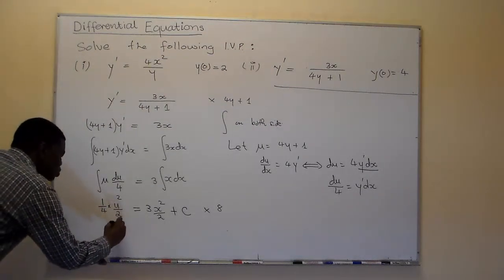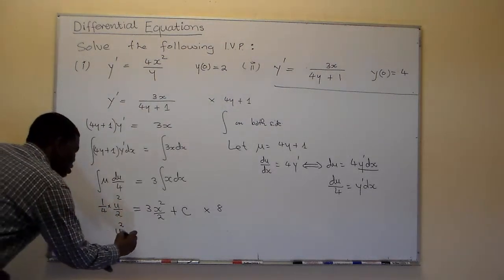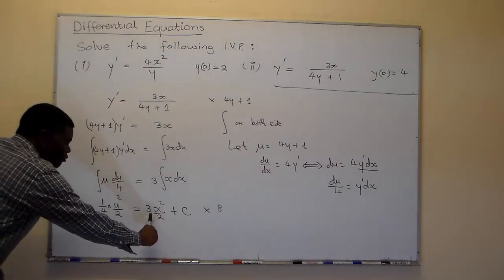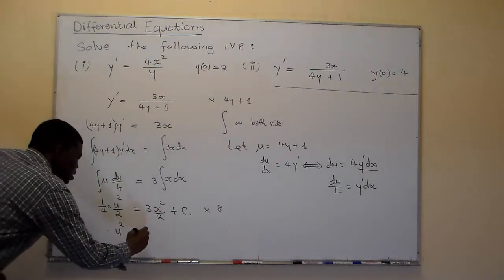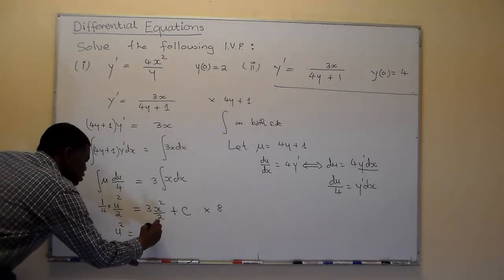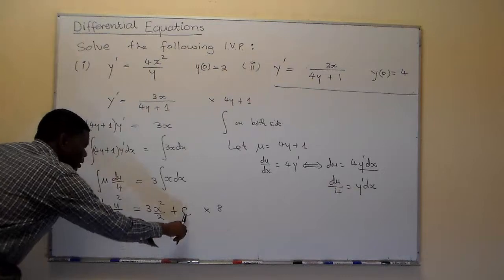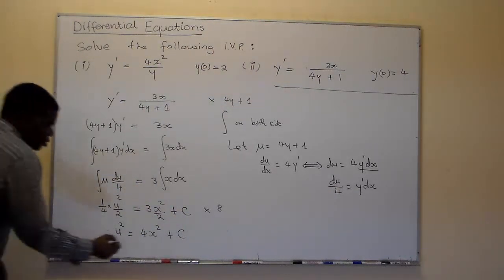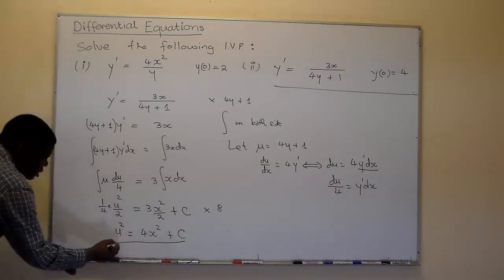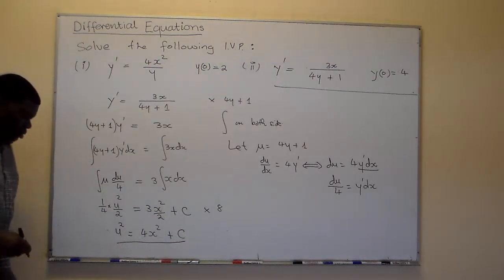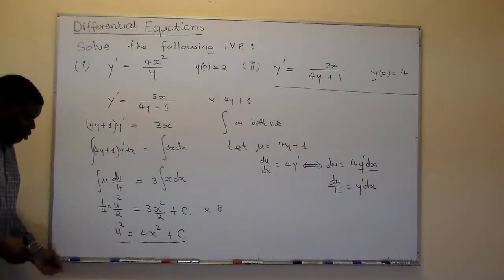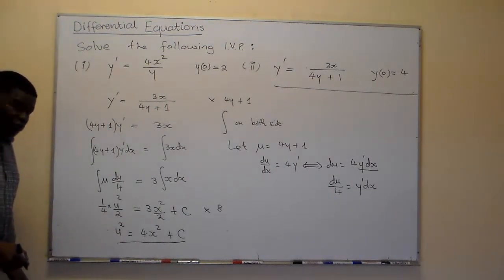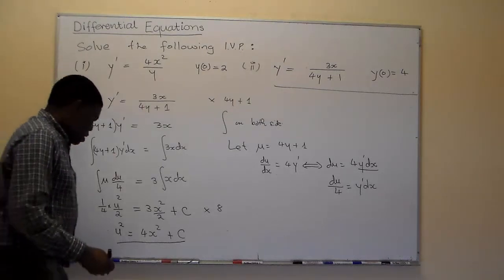Then we're left with u squared equals, multiplying by 8 here, 4 times 3, which is going to be 12x squared, and the 8 times the constant is going to be a constant. So now our integration is stopped there. What we need to do now is substitute backwards and make sure that we leave our function in terms of y and x.